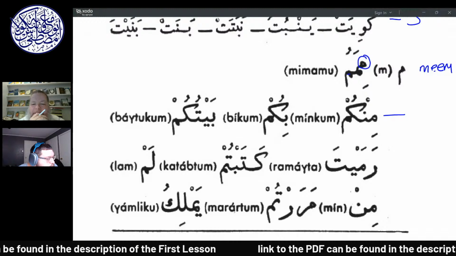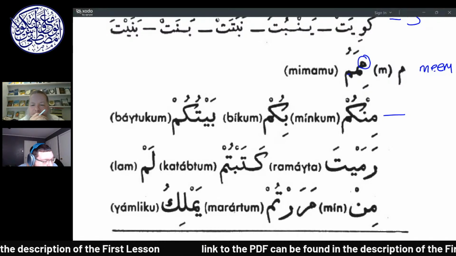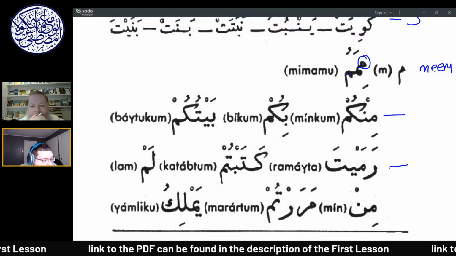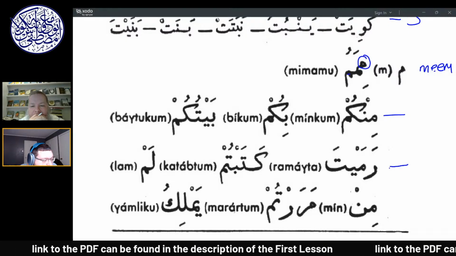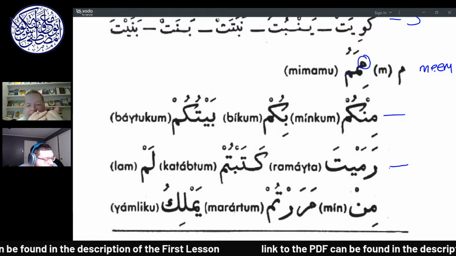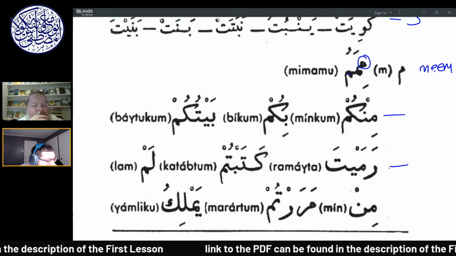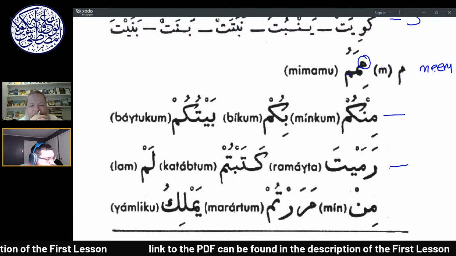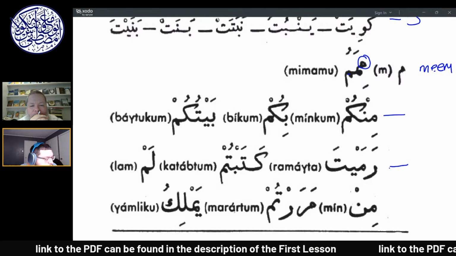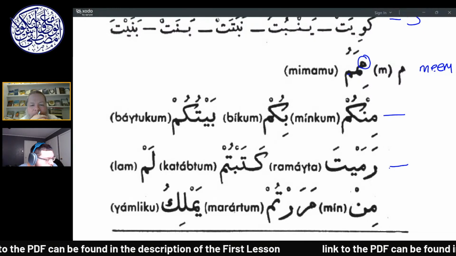Betukum. Exactly. Next line. Rameta. Rameta. Exactly. Excellent. Katabtum. Katabtum.